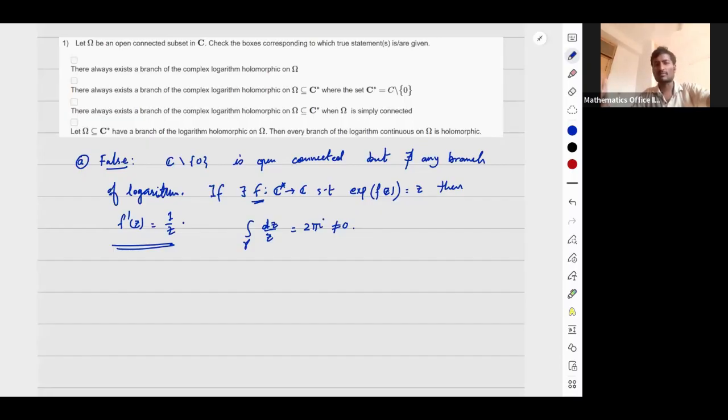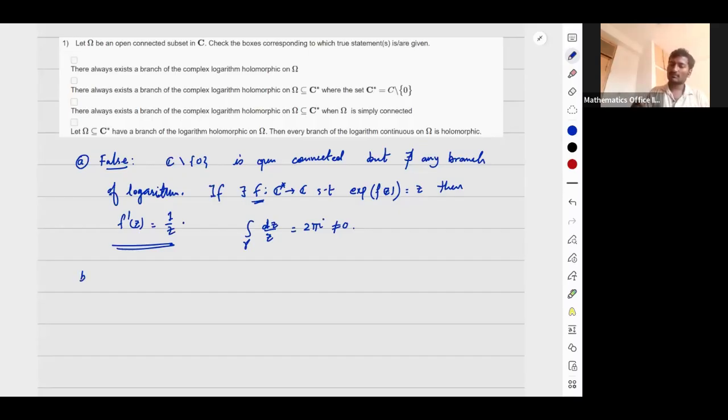In the second, it was when all the integrals over closed curves are 0, then the function has an antiderivative. But in the first fundamental theorem, it says for a closed curve, if the function has an antiderivative, then the integral will be 0 over the closed curve. So it is not the case. It is a contradiction.